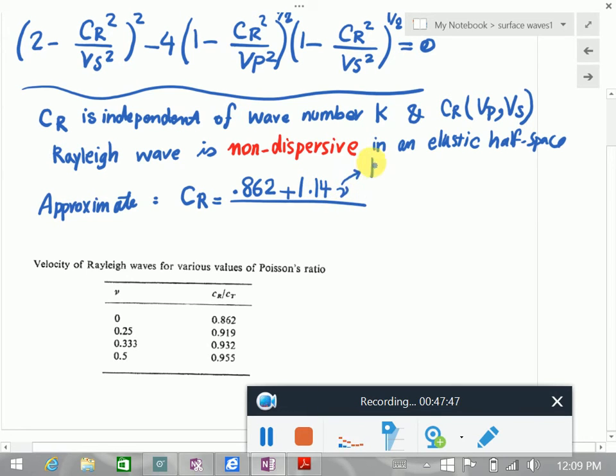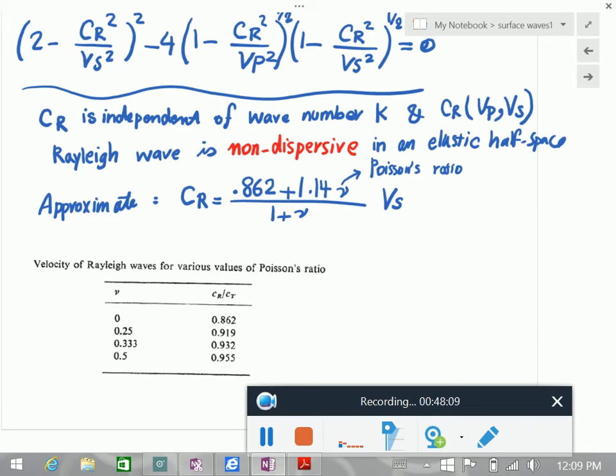That's Poisson's ratio. So 0.862 plus 1.14 Poisson's ratio over 1 plus Poisson's ratio times V sub s.